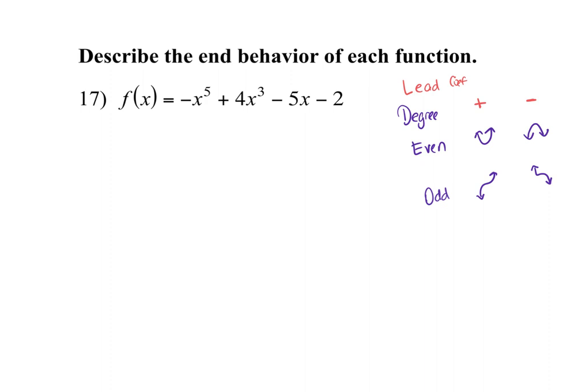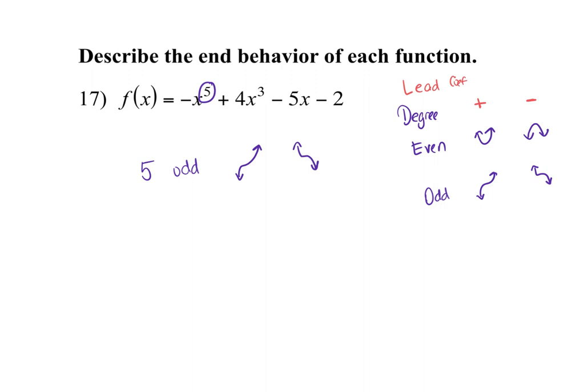So for this one, I'm going to look at my degree. My degree is 5. 5 is odd. So it means that they're either going to go that direction or that direction. I know they're going to go opposite directions on the ends when this graph is graphed. Then I'm going to look at my leading coefficient.